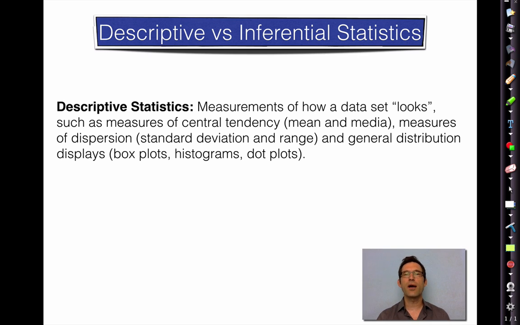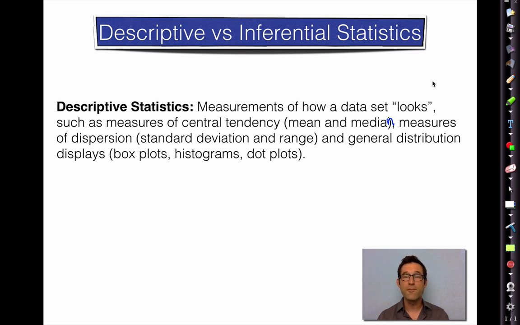So, when you calculate a mean or a median, or measures of dispersion like standard deviation, range, interquartile range, the general distribution, like whether you're talking about a histogram or a box plot or a dot plot, all of those are descriptive statistics.